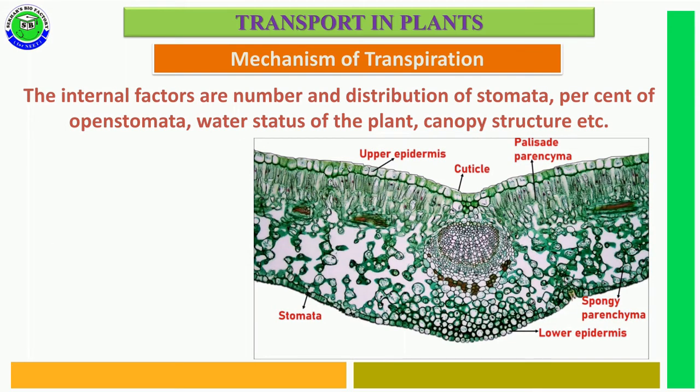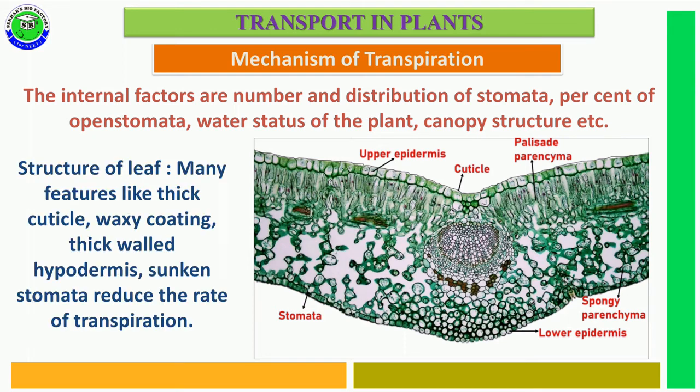Along with these, various internal factors like number and distribution of stomata, along with the percentage of open stomata, water status of plants and canopy structure of plant, regulate transpiration and are considered as internal factors. The structure of leaf.